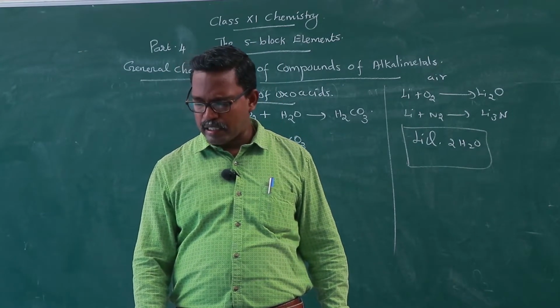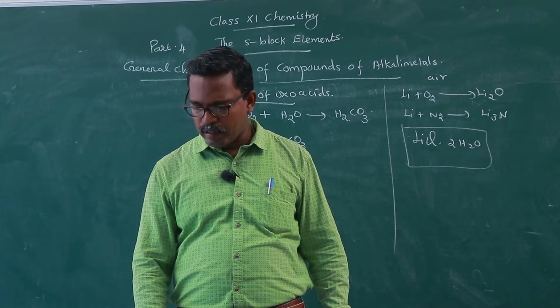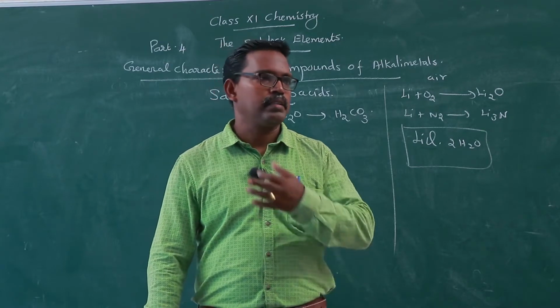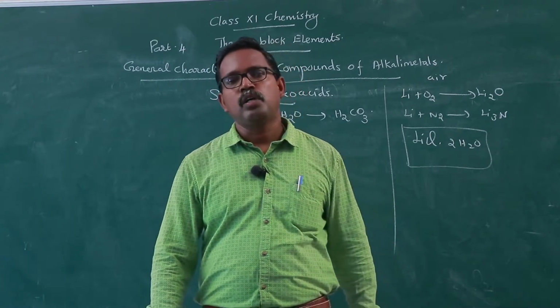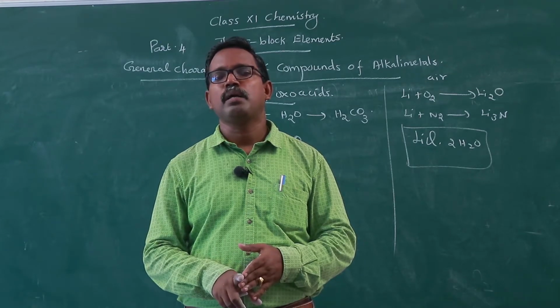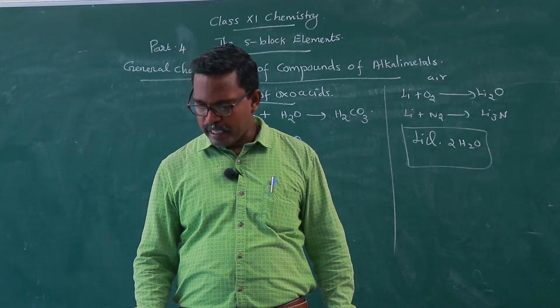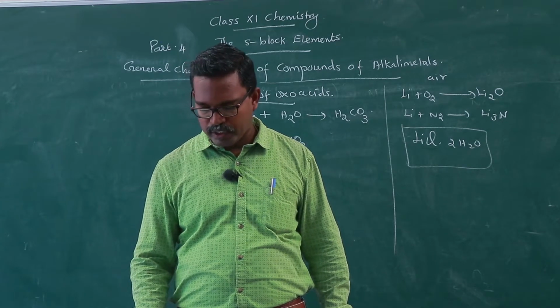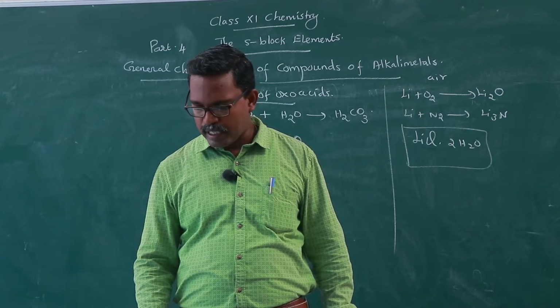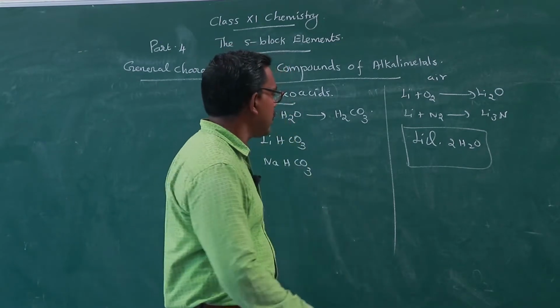Lithium, unlike other alkali metals, forms no ethanide on reaction with ethane. No ethanide compounds are formed, but other alkali metals form ethanide compounds. Lithium nitrate when heated gives lithium oxide, whereas other alkali metal nitrates decompose to give the corresponding nitrite.